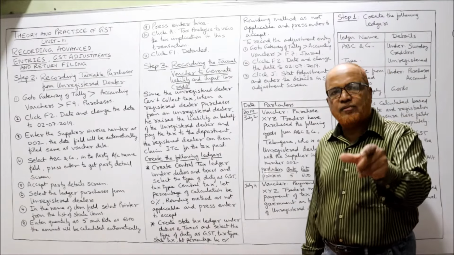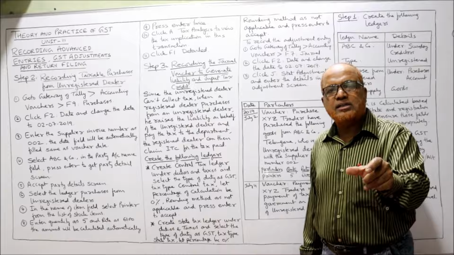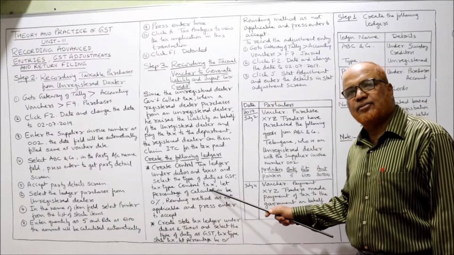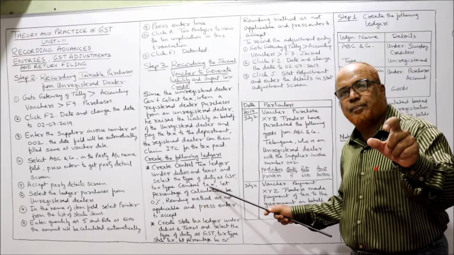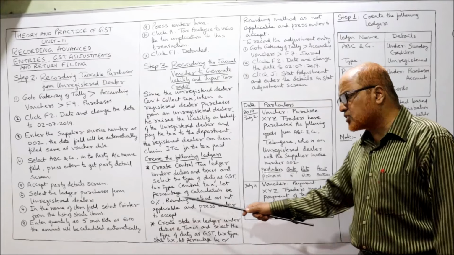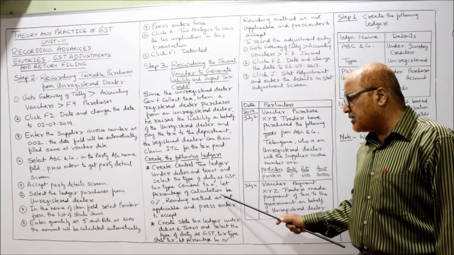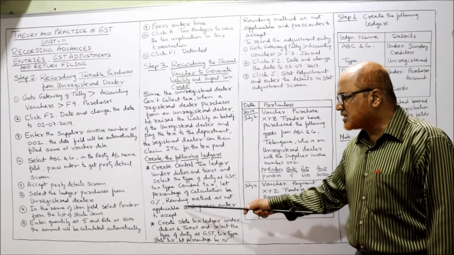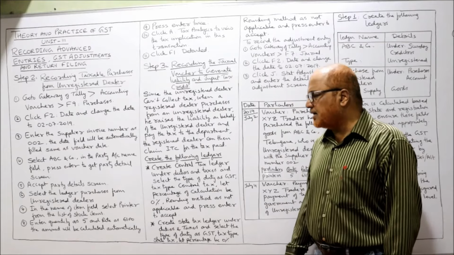We have different types of duties. Select GST and tax type central tax. Let percentage of calculation be 0%, rounding method as not applicable, and press enter to accept. This is the creation of the central tax ledger.